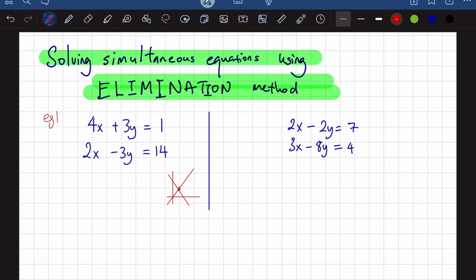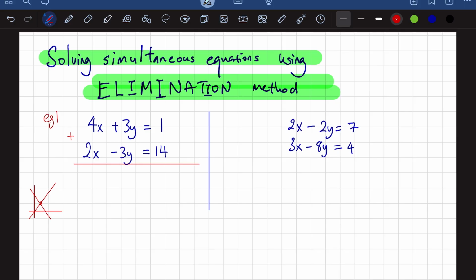So if you look at example 1, notice that 3y and 3y are both similar. So we can proceed to eliminate the positive 3y and the negative 3y. How we are going to do it is we are not going to subtract, but instead we are going to add both these equations together.